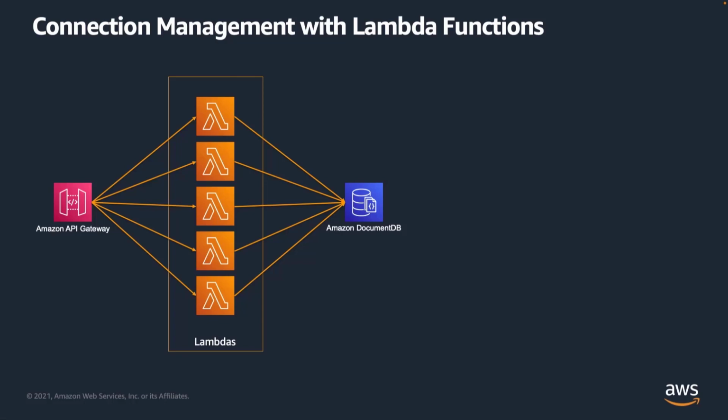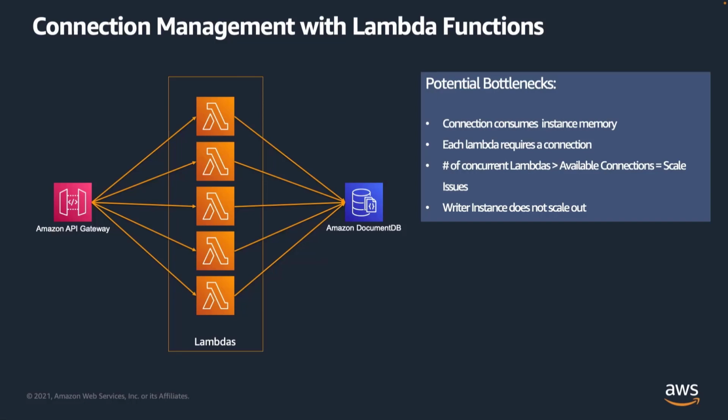Now, 1,000 concurrent Lambdas, that sounds good, right? So what's wrong with that? What could be the bottleneck? This means that your app layer can scale horizontally. Well, good for Lambda, but with every Lambda, there can be a potential new connection that takes up memory.